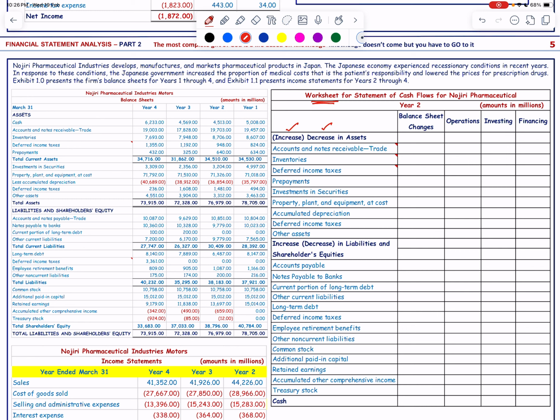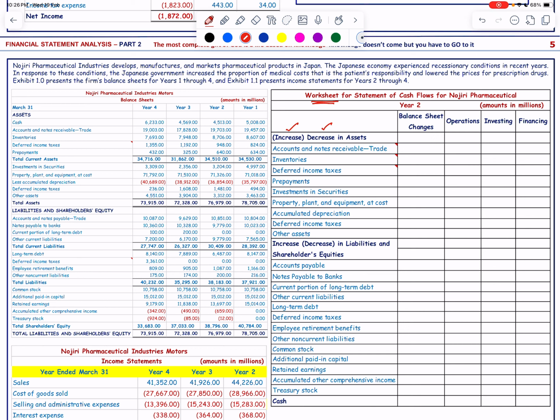So an increase in assets means use of cash. That's why it is shown in brackets or as a negative value. In accounting, obviously, we don't put the negative sign, rather we put the negative value in brackets. So, in the cash flow statement, we are going to record accordingly.